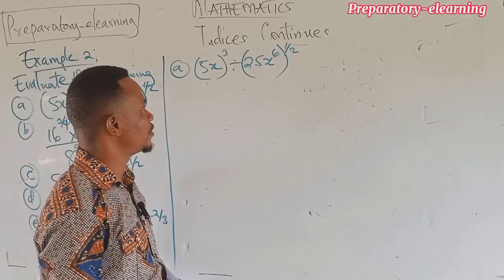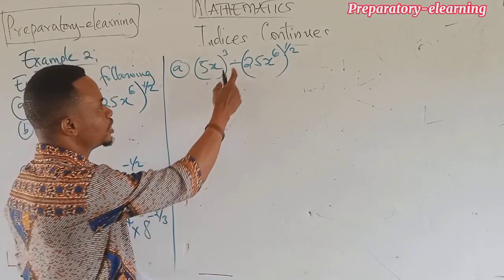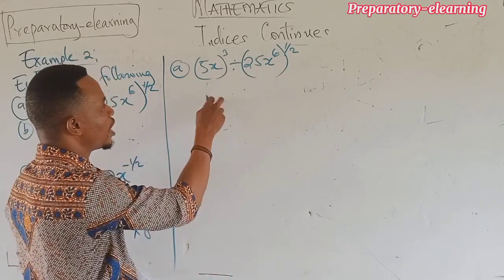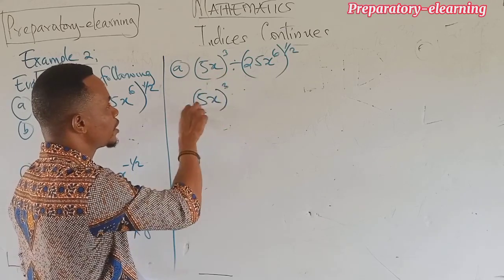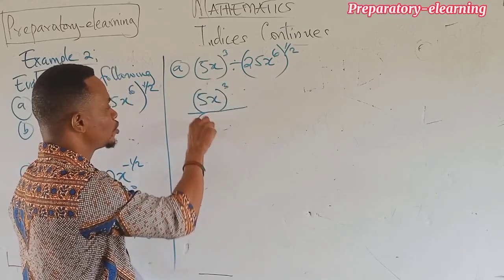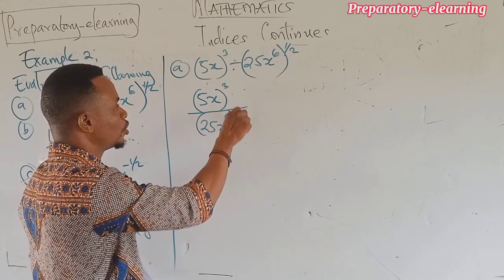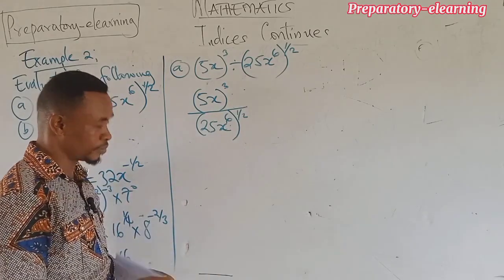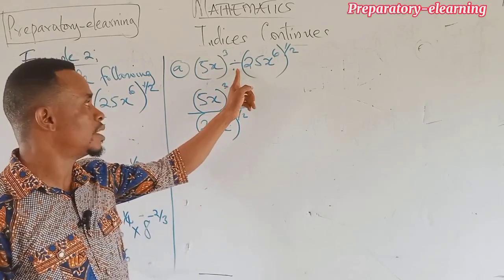How do we solve this? It is very simple. First thing first, you change this division, bring it under: 5x to the power 3 divided by 25x to the power 6, all to the power 1 over 2. Hope you understand that. Division here is the same thing as this division here.